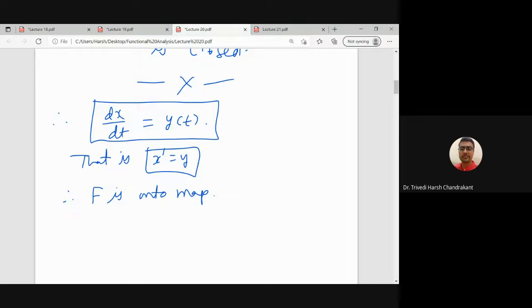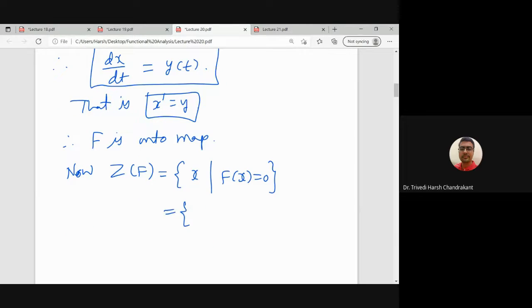So as we have discussed earlier, the kernel of F is basically the set of functions x such that F(x) is 0, and that is basically x where x is in C^1[0,1], the domain of first derivative, and F(x) is 0.